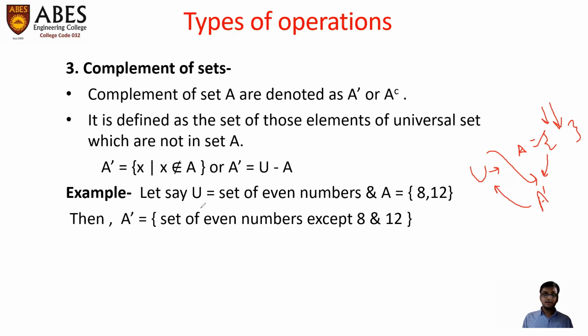In the universal set, the elements are even numbers like 2, 4, 6, 8, 12, and so on. So what elements will be in the A complement set? The set of even numbers except 8 and 12.